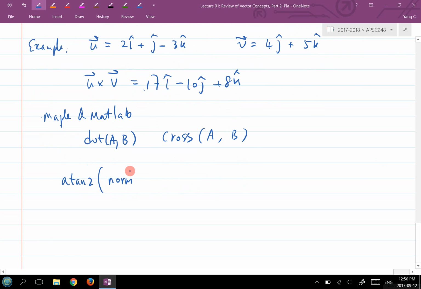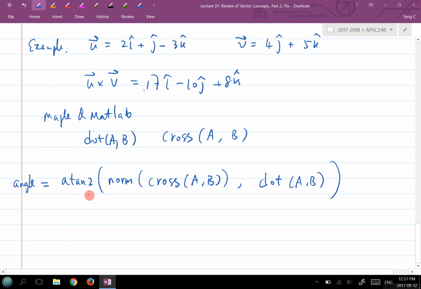I want you to try it yourself and also try to understand what exactly this command does. It's quite an interesting way of calculating the angle between two vectors. You can also use a similar command in Maple.